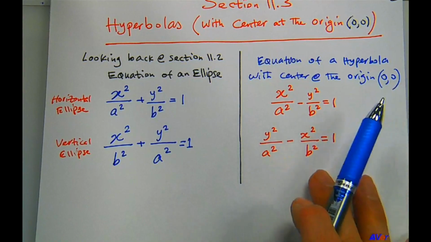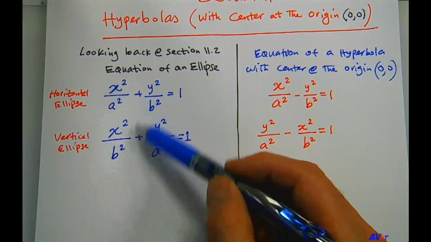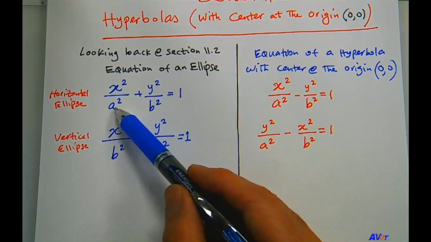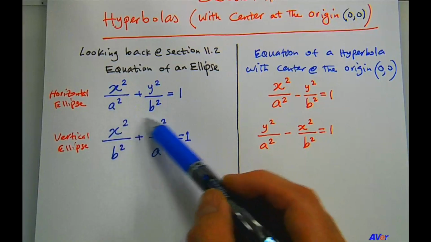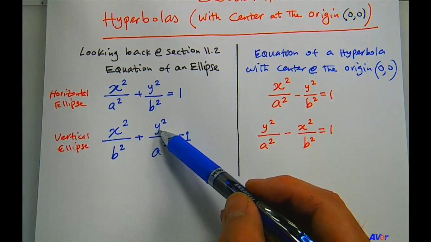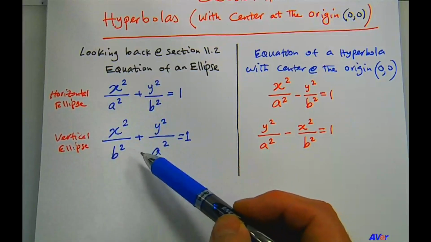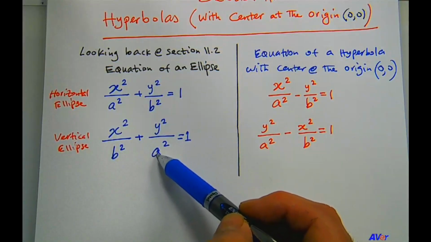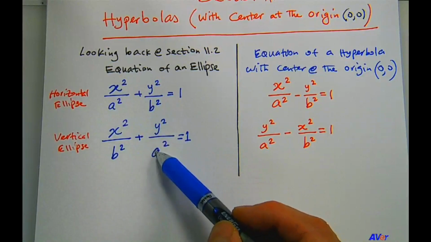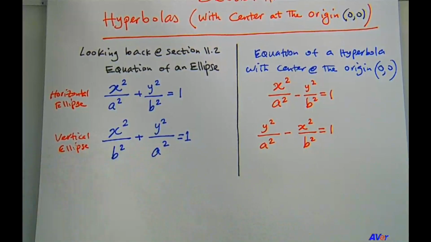The other thing you should notice right away is that in the ellipse, the x squared term stays stationary as the first term, with the major axis quantity switching its spot either underneath x squared or becoming the denominator for the y squared term. And of course that affects whether this is a horizontal ellipse or a vertical ellipse. So where the quantity associated with the major axis is, whether under x squared or y squared, determines whether it's a horizontal or a vertical ellipse. We learned that last section.